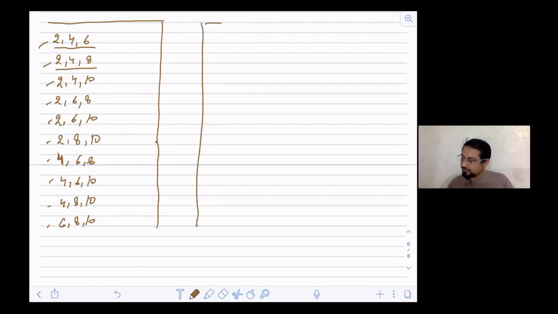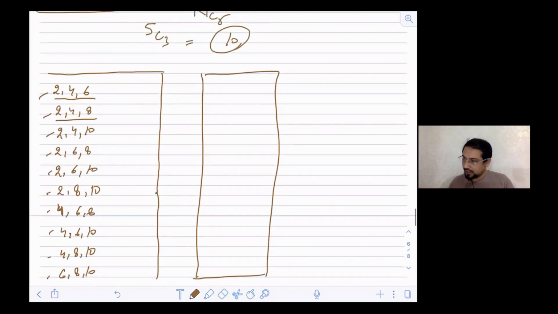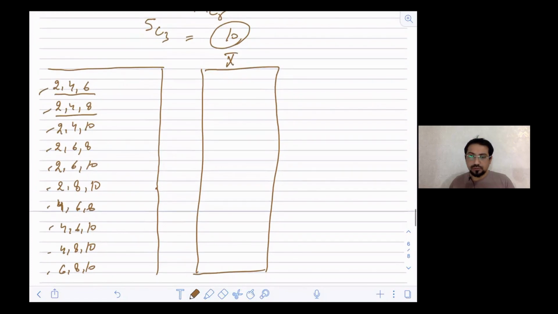And what is our next task? The same, we are going to find the sample means. So for all of them, what will you do? You will do 2 plus 4 plus 6 divided by 3, and you will find the mean.